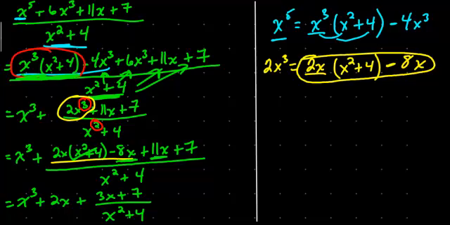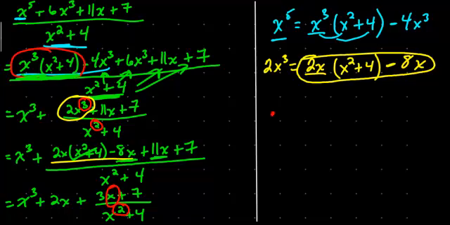Okay, and so now I check what the powers are. On the bottom I have a power of 2 as my biggest power. On top I have this power of 1. So I'm done. I've completed my division of polynomials.